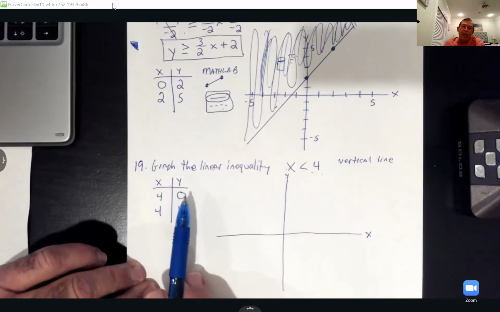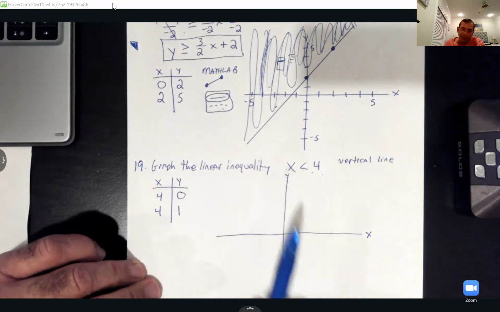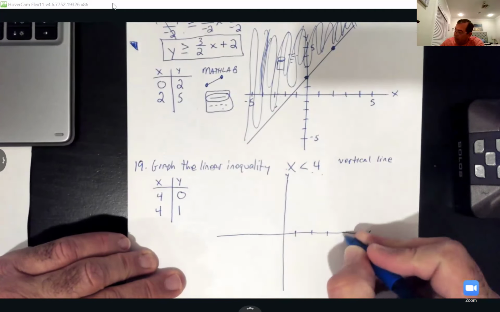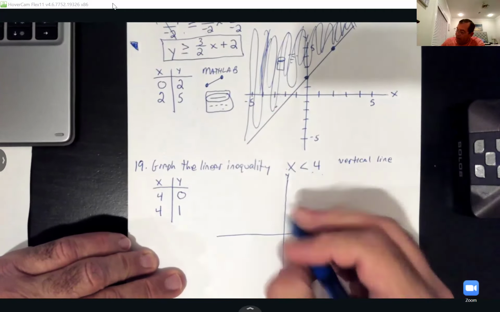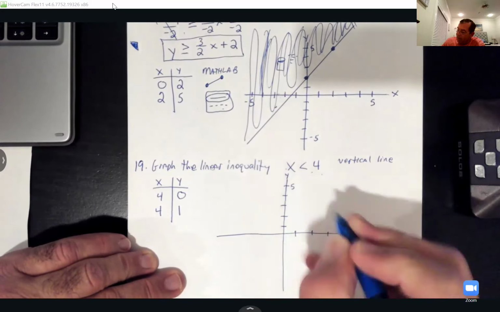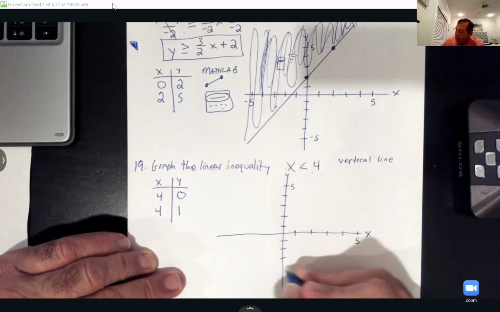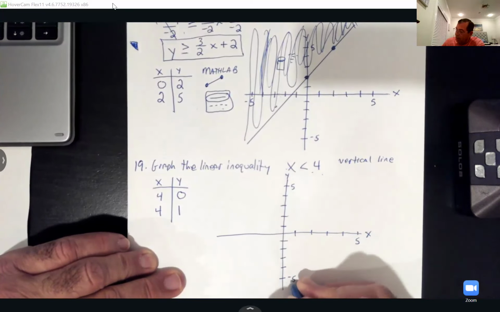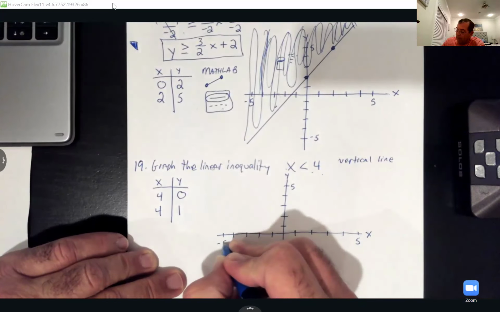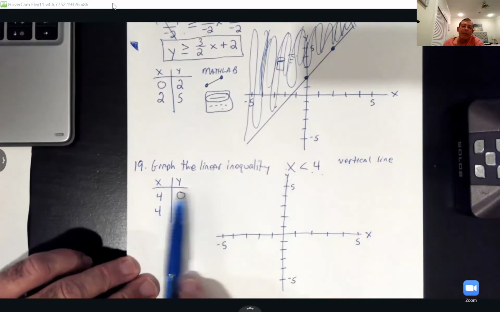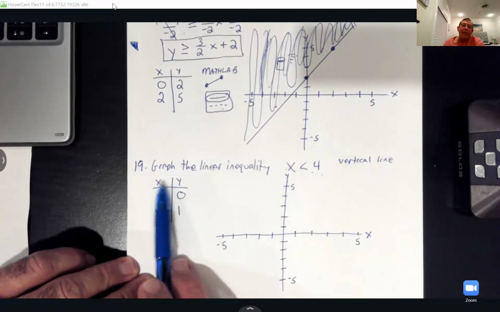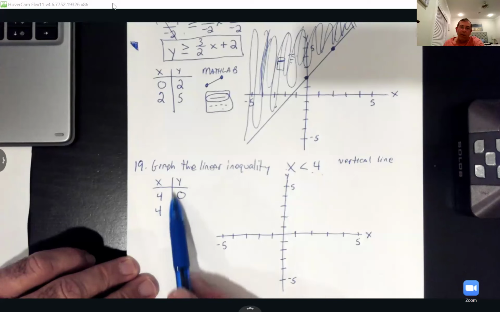Unfortunately, this one you can't do in MATLAB because it's an x variable, okay? So let me go out about 5. All right, so basically what this means is we're going to have a vertical line, and it's going to be at the x value of 4 on our graph.